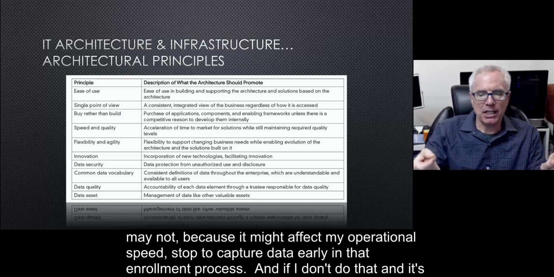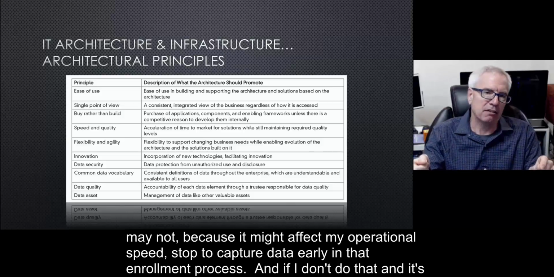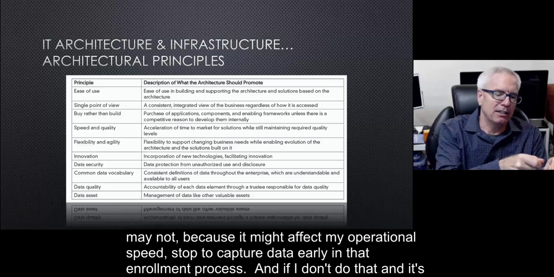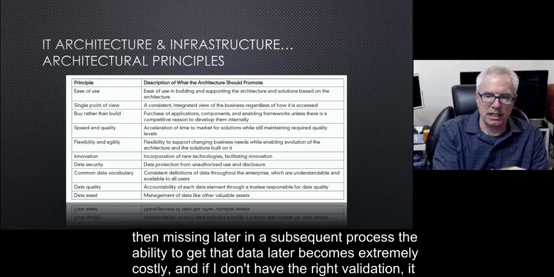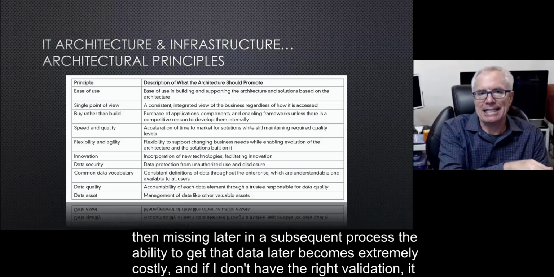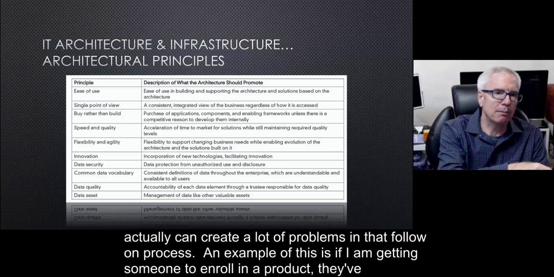And I may not, because it might affect my operational speed, stop to capture data early in that enrollment process. And if I don't do that, and it's then missing later in a subsequent process, the ability to get that data later becomes extremely costly. And if I don't have the right validation, it actually can create a lot of problems in that follow-on process.